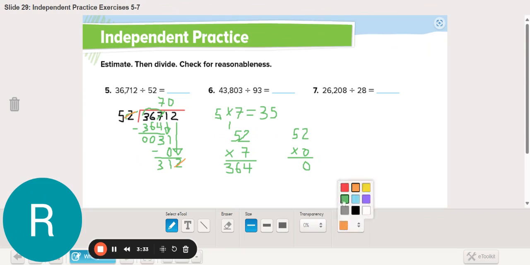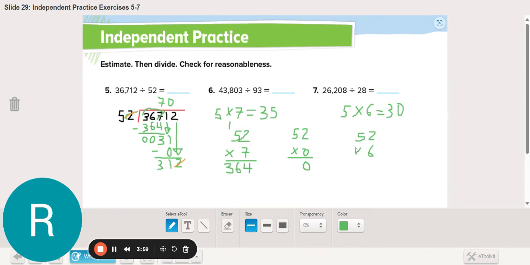Well, we know that 5 times 6, okay, is 30. So we are going to use the number 6 because 30 is close to 31. And we are going to multiply 52, okay, the complete divisor, 52, times 6.